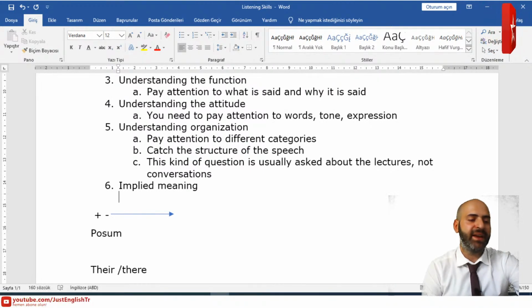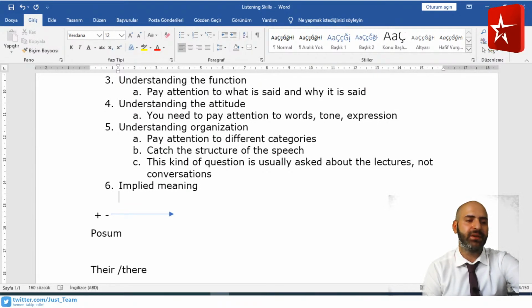What I mean by implied meaning is that for these kinds of questions, you do not have the exact answer in the listening passage. You need to listen to the passage very well, analyze the information which is given in the passage, and based on the analysis, you should find which one is the most correct answer.